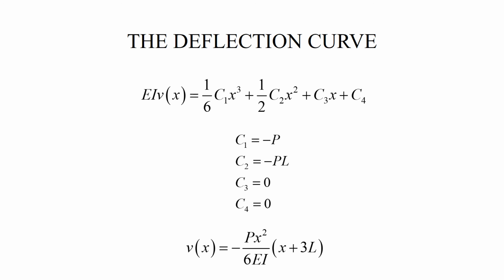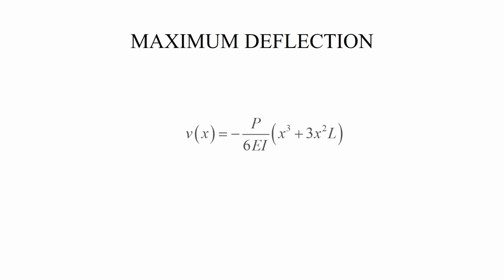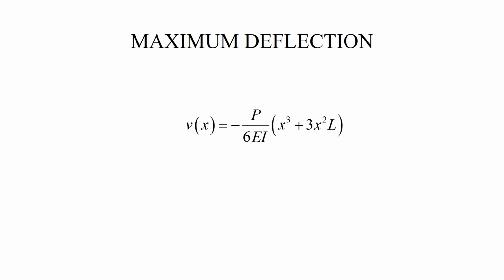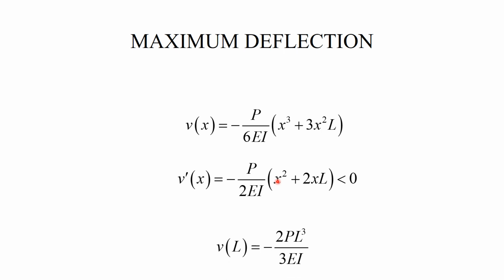So now to find maximum deflection, all I do is I rewrite v, I calculate its derivative, and I observe that for all x's, v prime is less than 0. It means there are no critical points, and it means that there are 2 points that I need to identify.